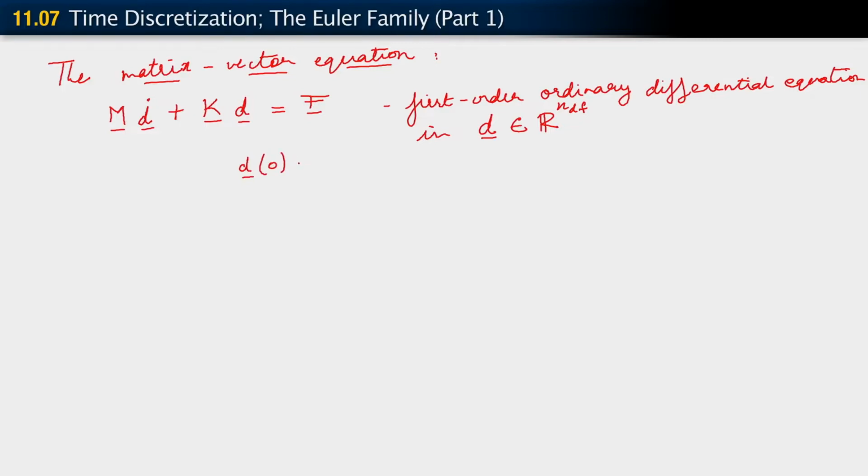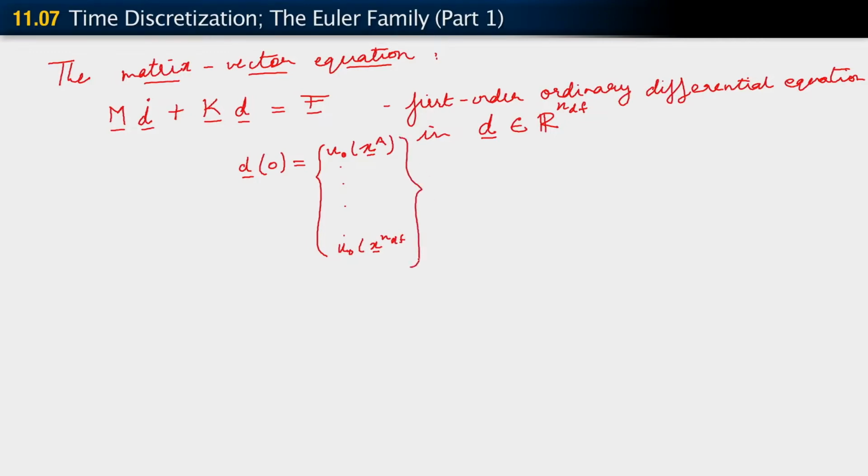The initial condition that we need to work with is the following: d at time t equals 0 equals the vector of conditions which are obtained by taking u naught at the particular location of the corresponding node, all the way down to u naught at x sub NDF.